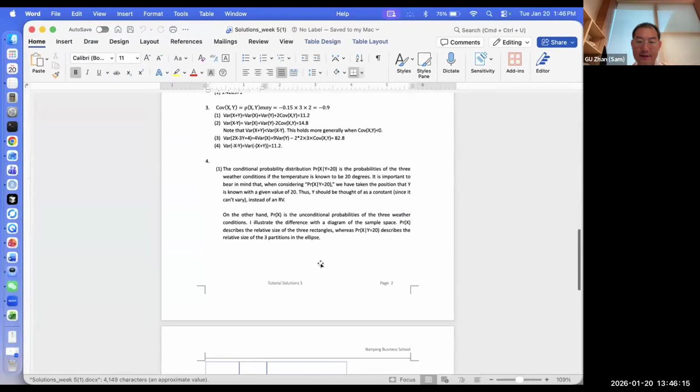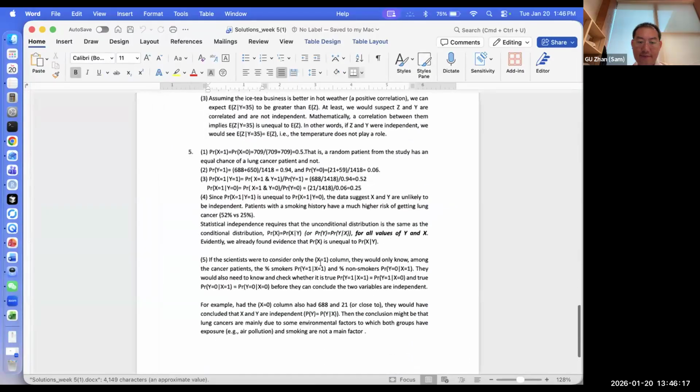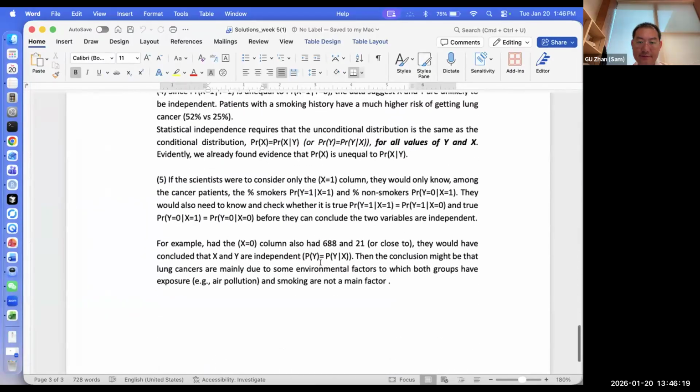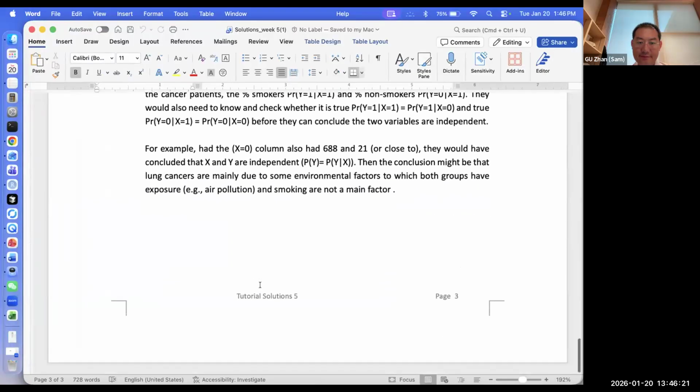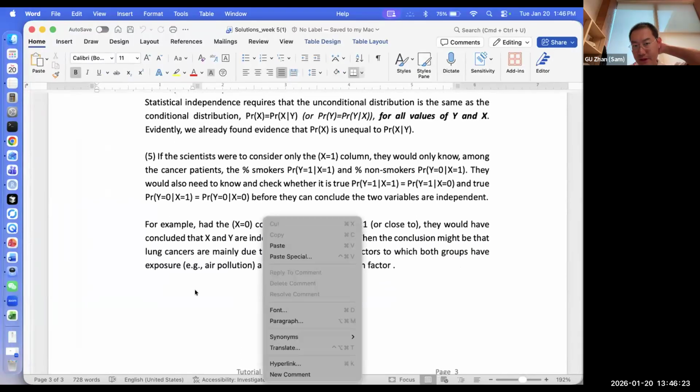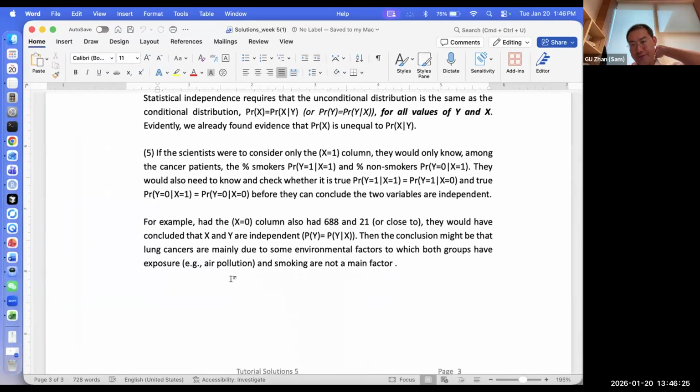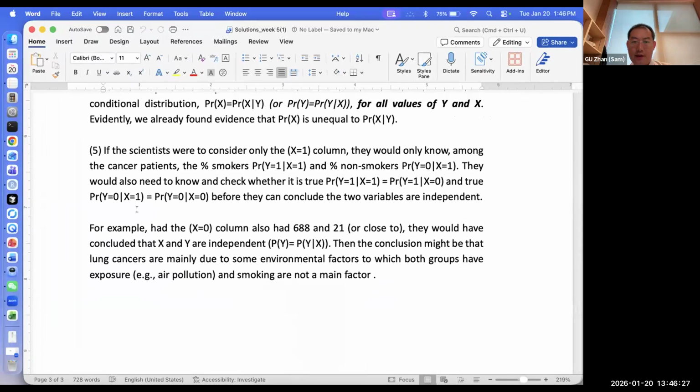Okay, 5.5. The number of smokers and the percentage of non-smokers. They will need to also check whether it is true for these before they can conclude the variables are independent or not independent.